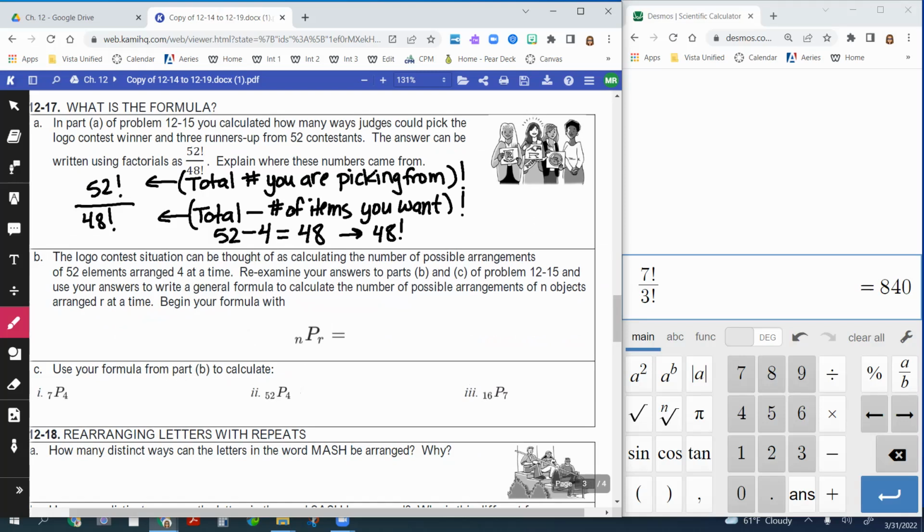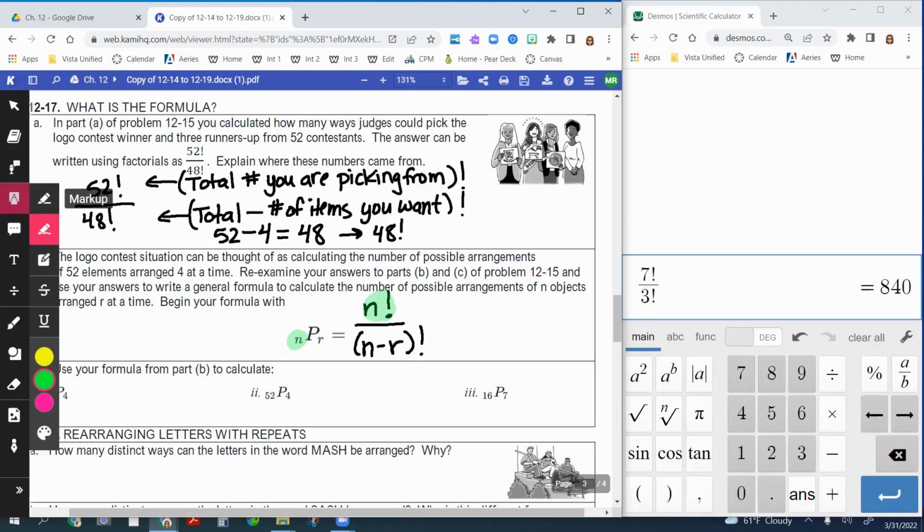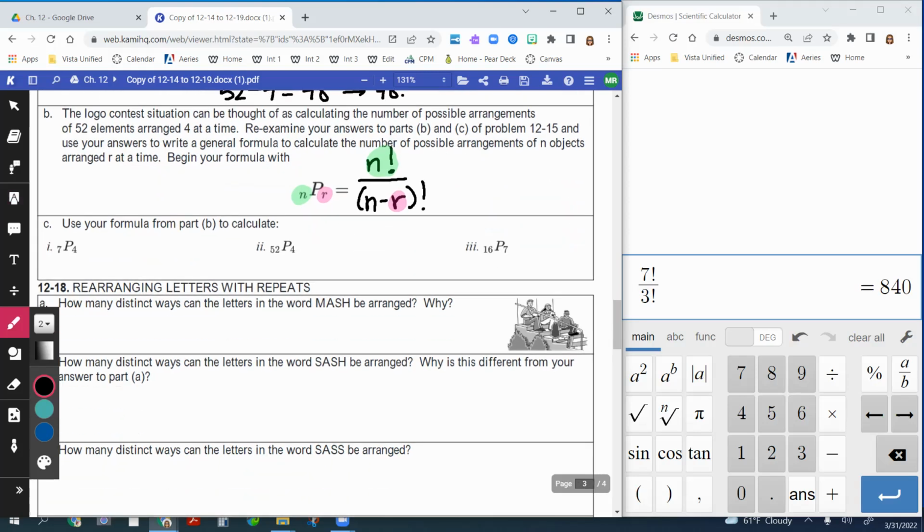So again, we're going to take the total factorial over n minus r factorial, and I'm getting that r from there. And that's going to be the way you do it.